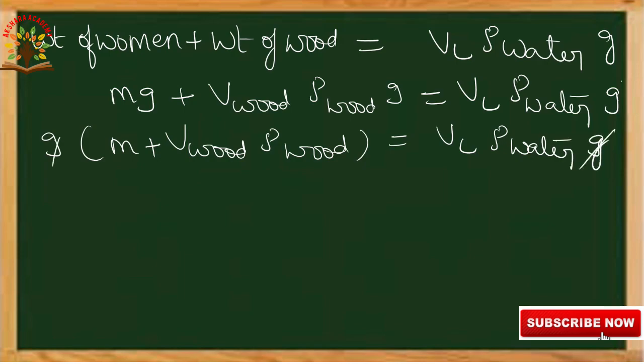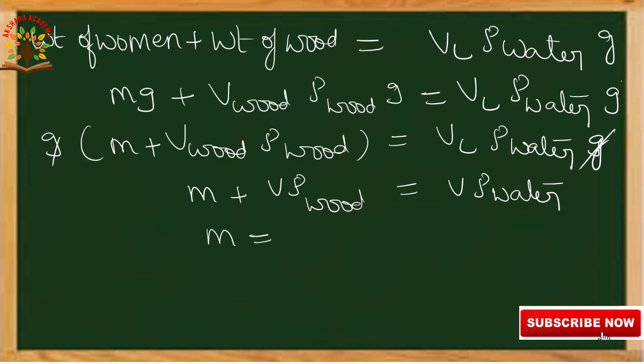g gets cancelled. m plus V rho wood is equal to V rho water. So we are writing the formula for m. So m is equal to V rho water minus V rho wood.